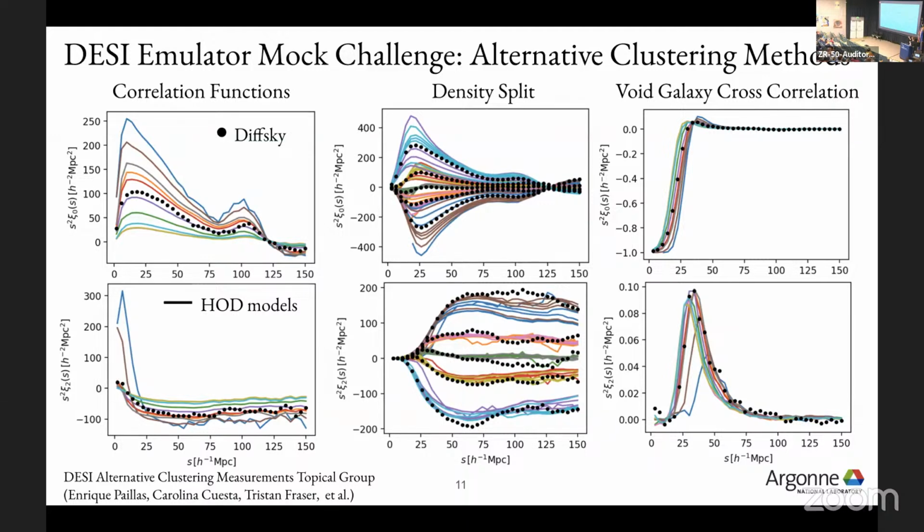So in addition to correlation functions, they're using density split clustering and void galaxy cross correlations. And in each of these panels, the black dots are our mock, and the solid lines are several different HOD realizations that are being used. And these are just to show that the HOD realizations encompass the space that our mock takes up. And again, I think this is a really important push toward validating the robustness of these higher order analyses.